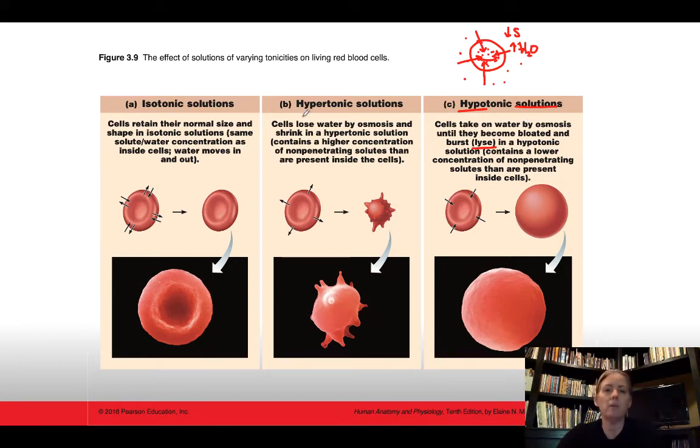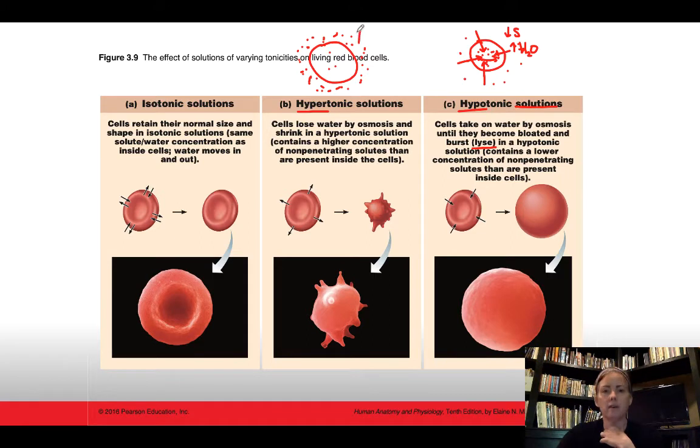Now on the flip side of that, we have hypertonic solutions. And again, you have to remember that the hyper refers to the concentration of solutes in the solution. So in this case, we're going to have lots of solutes outside the cell. Okay, and then very few solutes inside the cell in comparison.